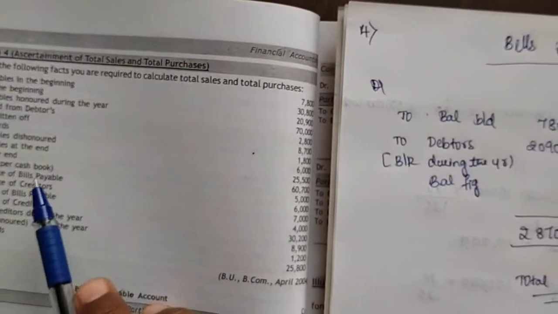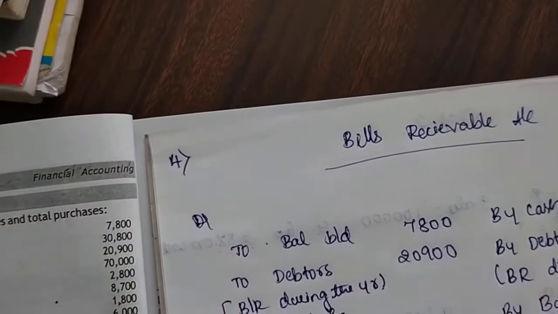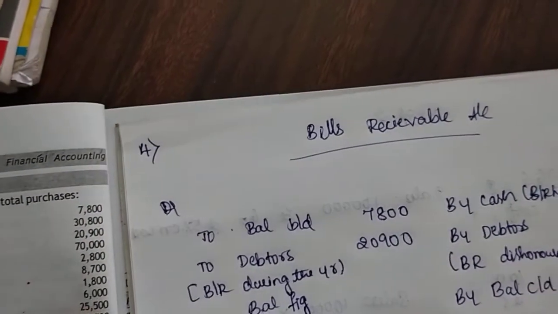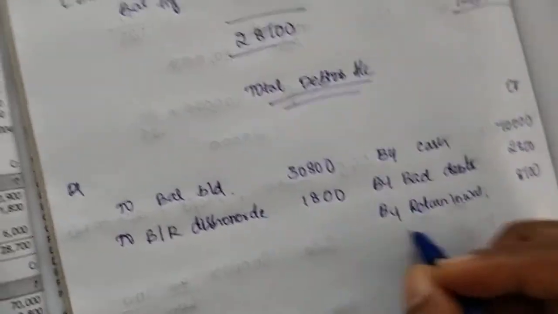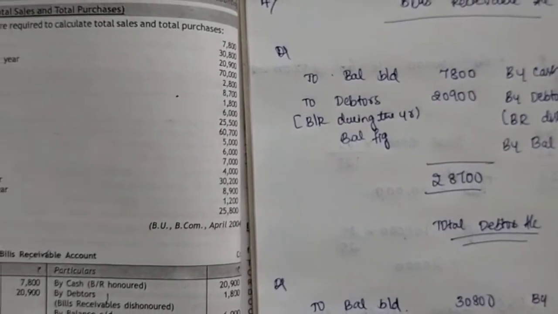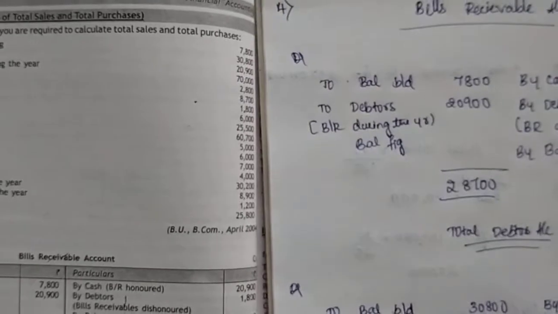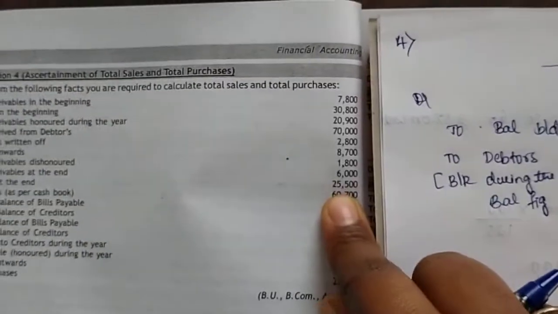Then bills receivable dishonored, which we have already entered. Next, bills receivable at the end of the year is 25,500, that we have to write. Leave one line: by balance carried down, at the end of the year, 25,500.